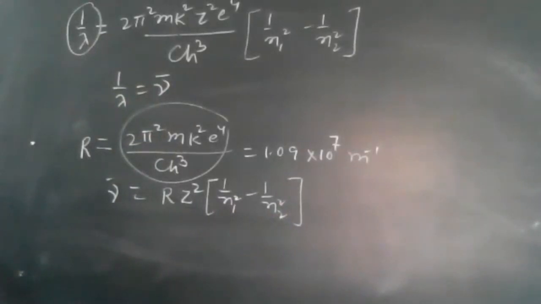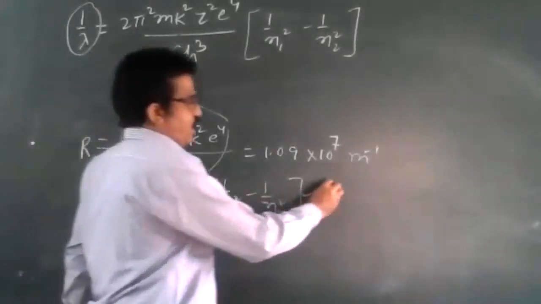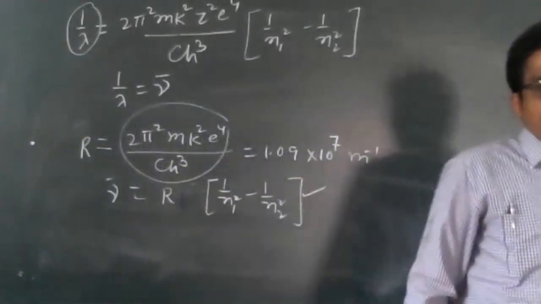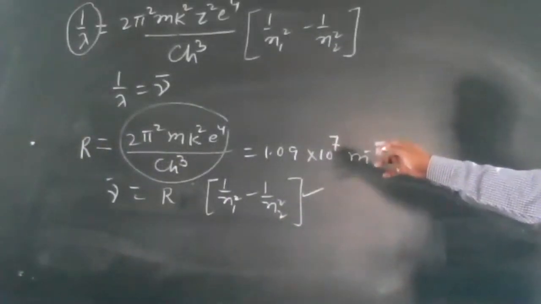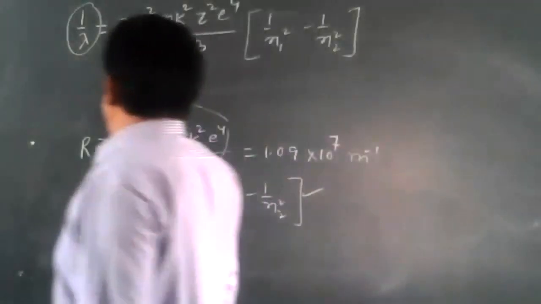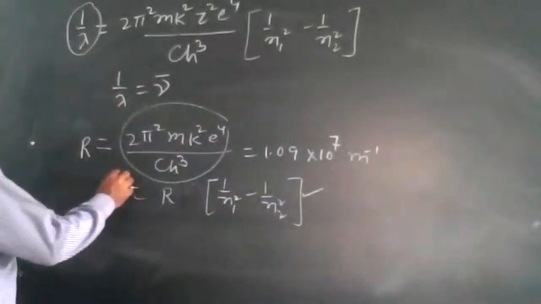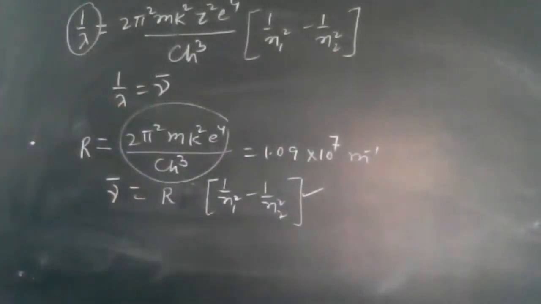For hydrogen atom, you can write Z is equal to 1. So this is our formula. This is called Rydberg formula for the spectrum of hydrogen atom.